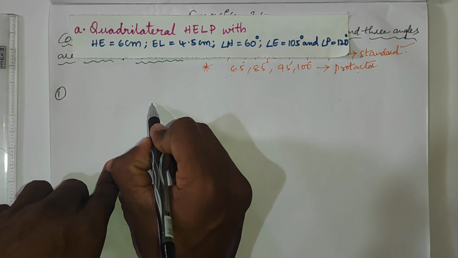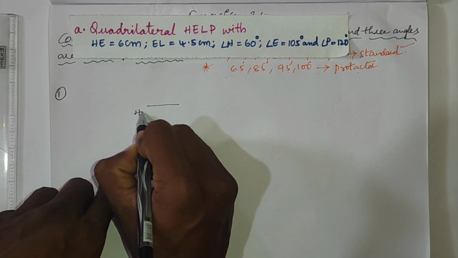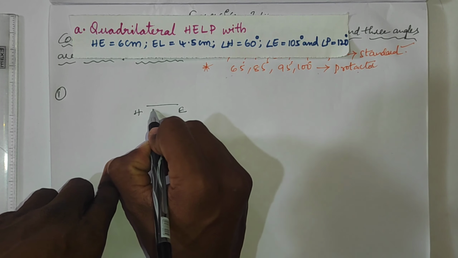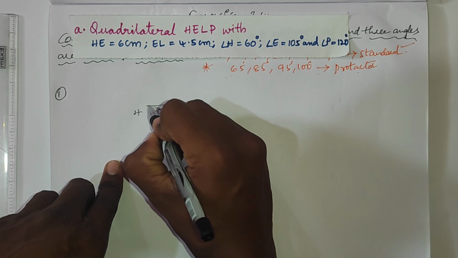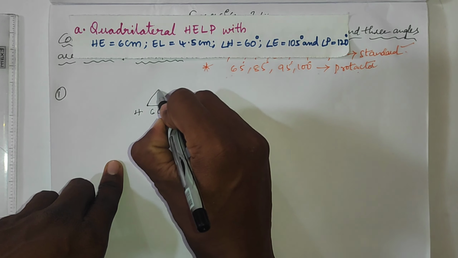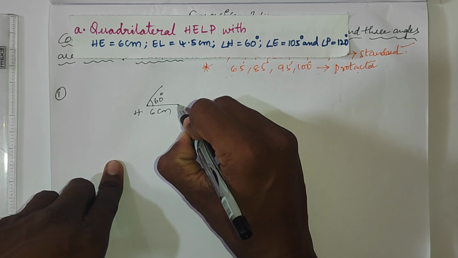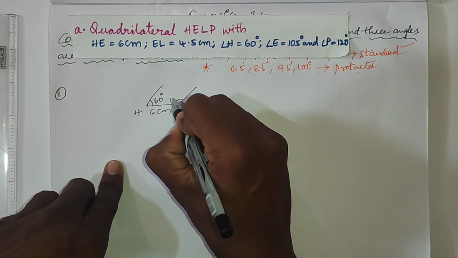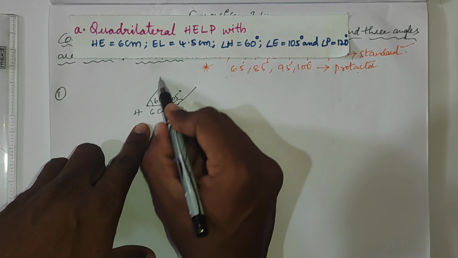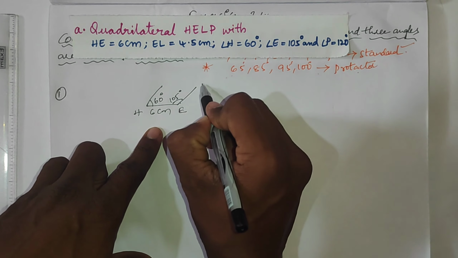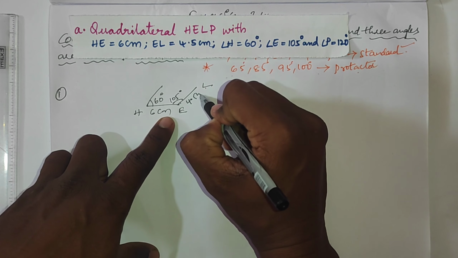Quadrilateral HELP is given. HE is given as 6 centimeters, angle H is given as 60 degrees, angle E is given as 105 degrees, and EL is given as 4.5 centimeters.